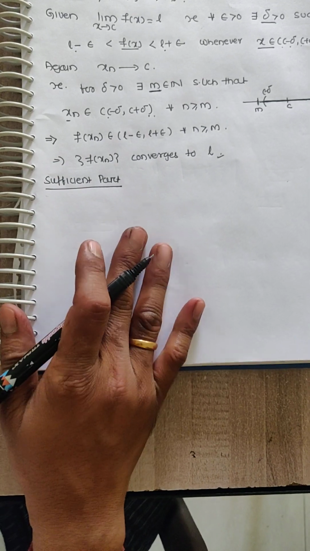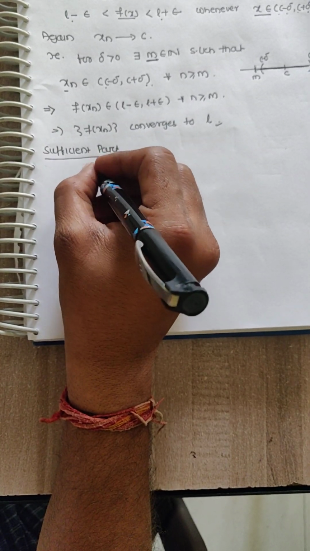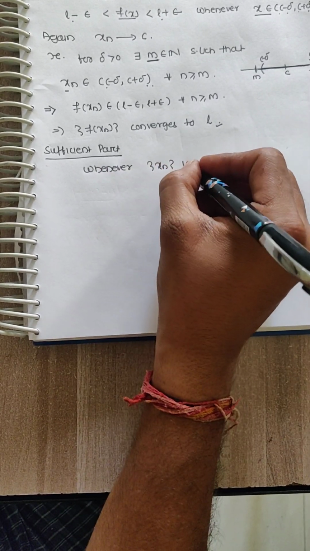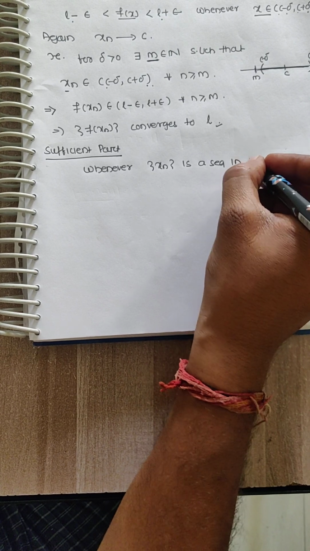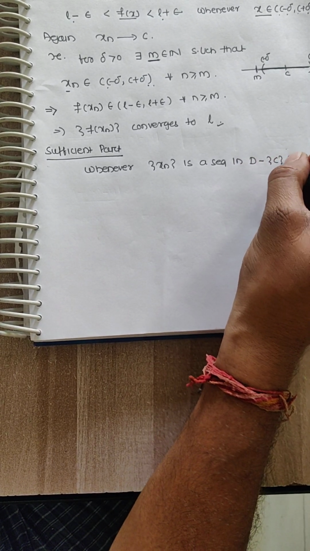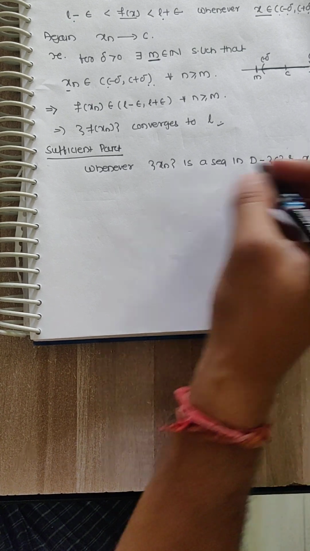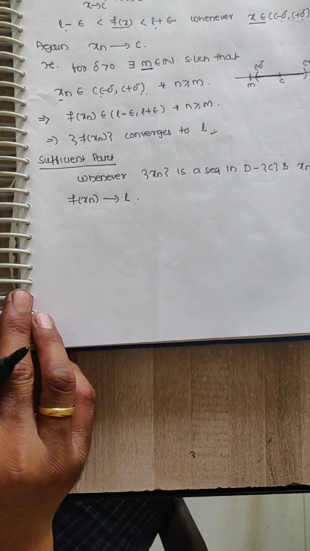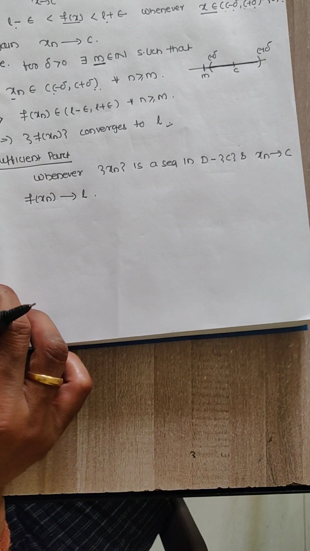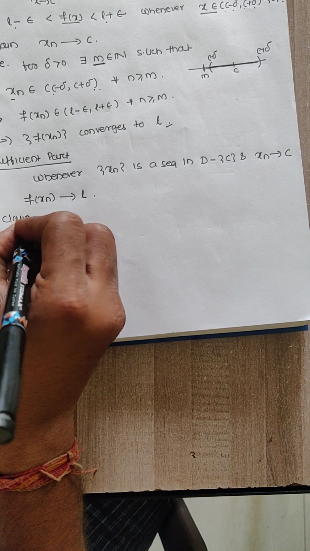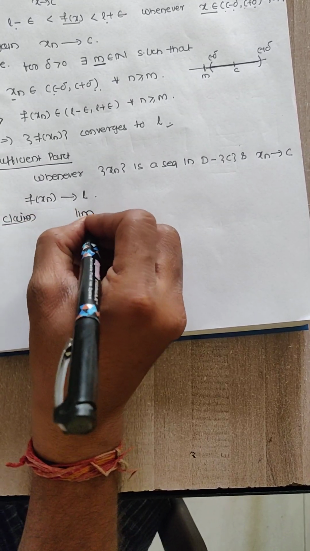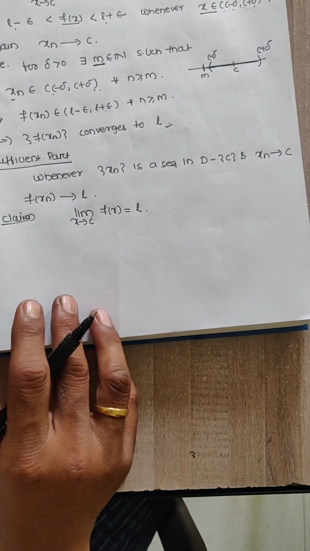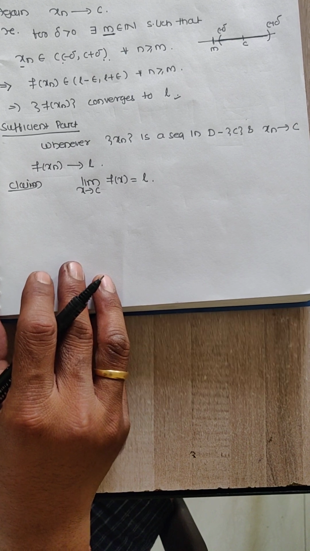What we are given is that whenever xn is a sequence in D minus C and xn converges to C, we have that f of xn converges to L. The image sequence converges to the point L. My claim is to show that the limit as x tends to c of f(x) is equal to L. I need to prove the existence of the limit.